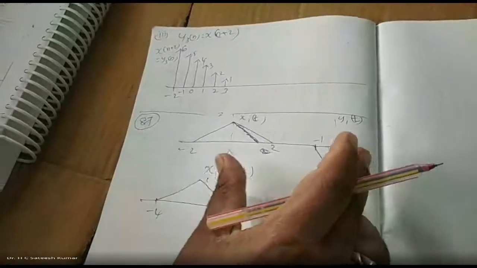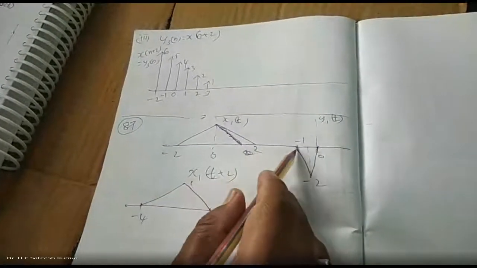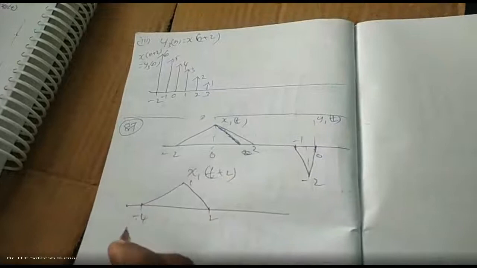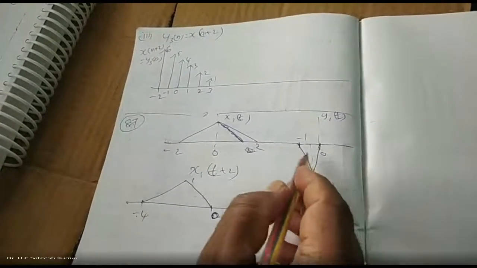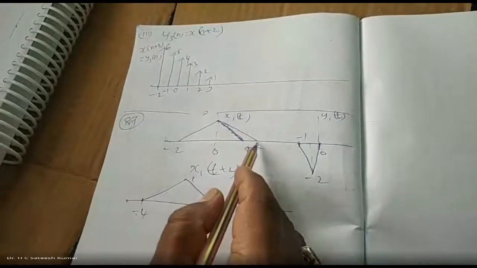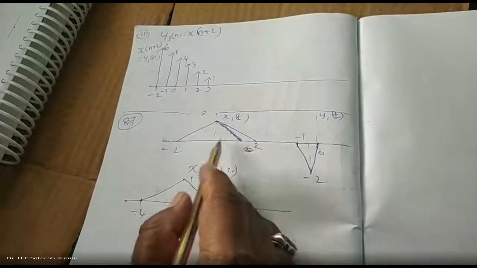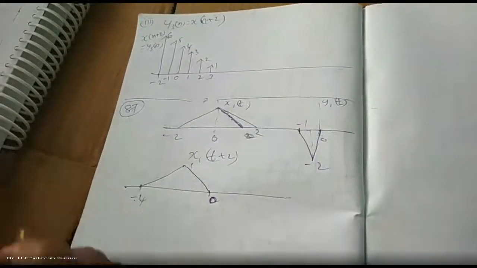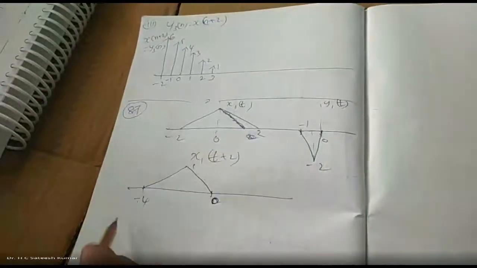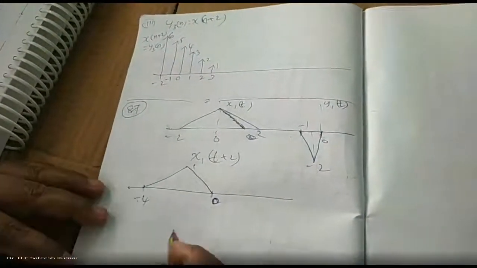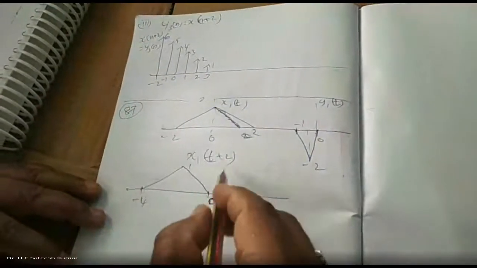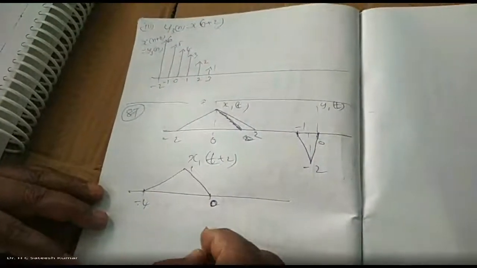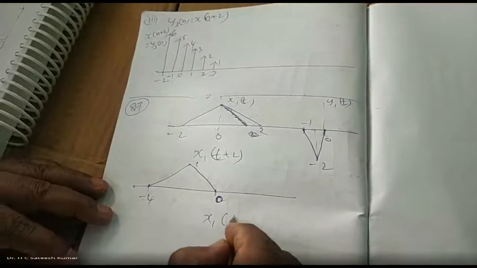But now you'll have to compress it, because you have to get minus 1 now, but this is at minus 4. Sorry, shifted left by 2 units means this will come to 0. Therefore, you get 0 to minus 4, and this minus 2 will go to minus 4. That is x of t plus 2. Now you scale it so that you get minus 1. So I'll do x1 of 4t plus 2.